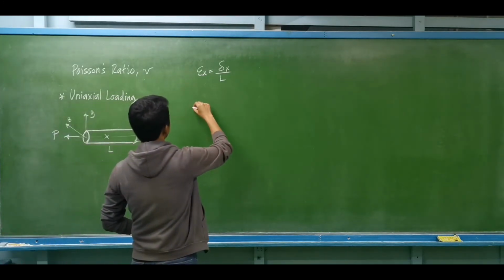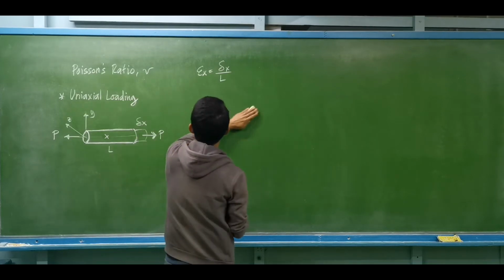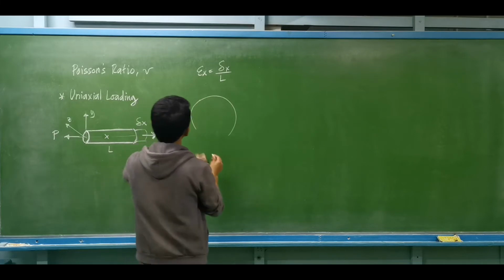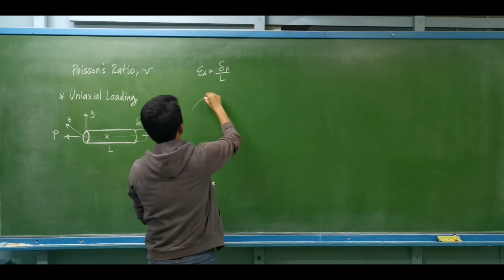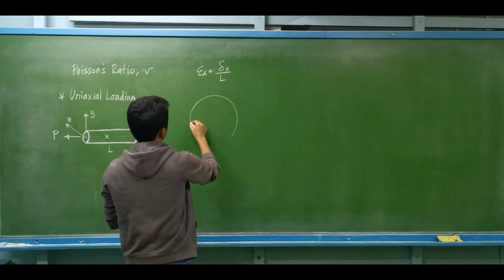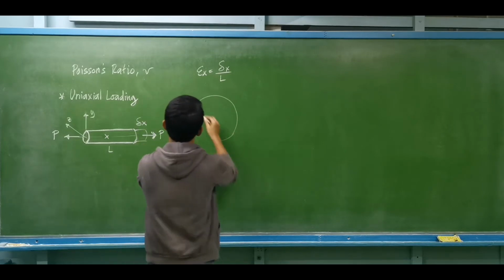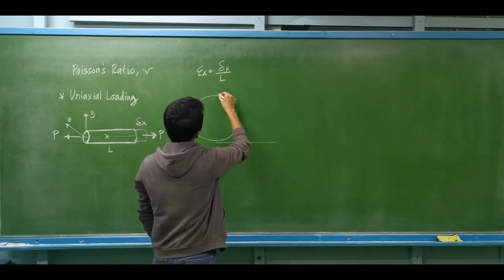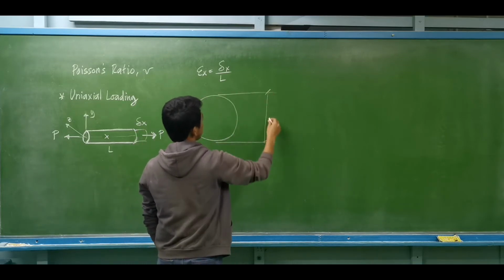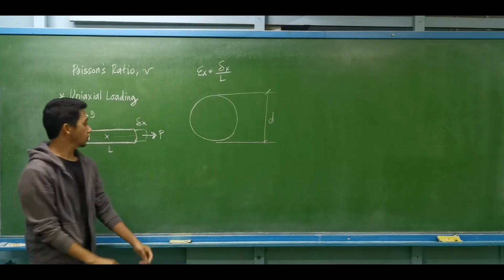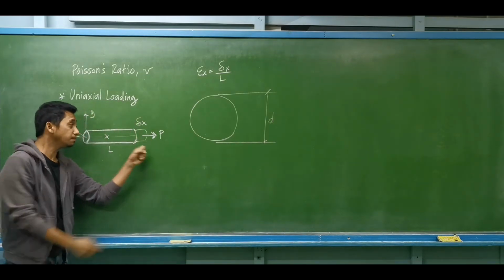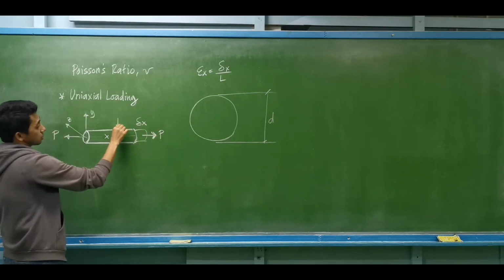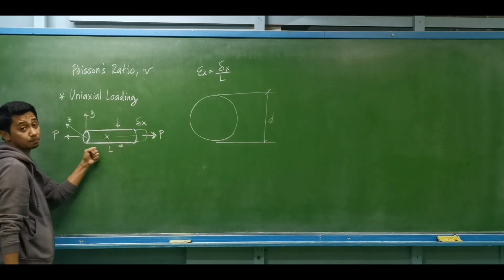For example, we have this as the initial diameter of the sample. Let's say the initial diameter is D. This elongation is a positive strain, and it will cause a decrease in the diameter of the rod.